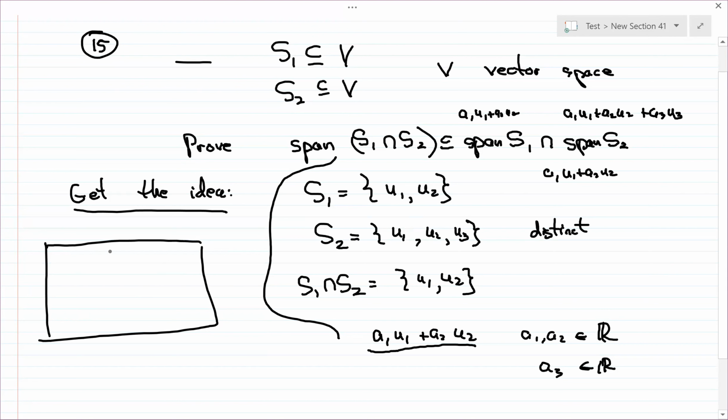S2 is a bigger set and S1 is a smaller set. S1 has only 2 elements, and S2 has 3. So this is what I've done in this example. And in the example, I was able to show that everything in this set is also in this set. Now the question is, does this work in general?